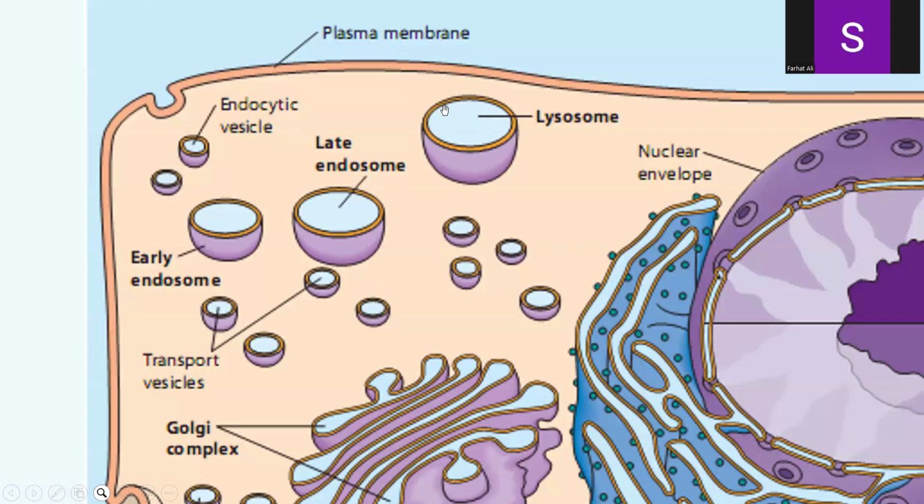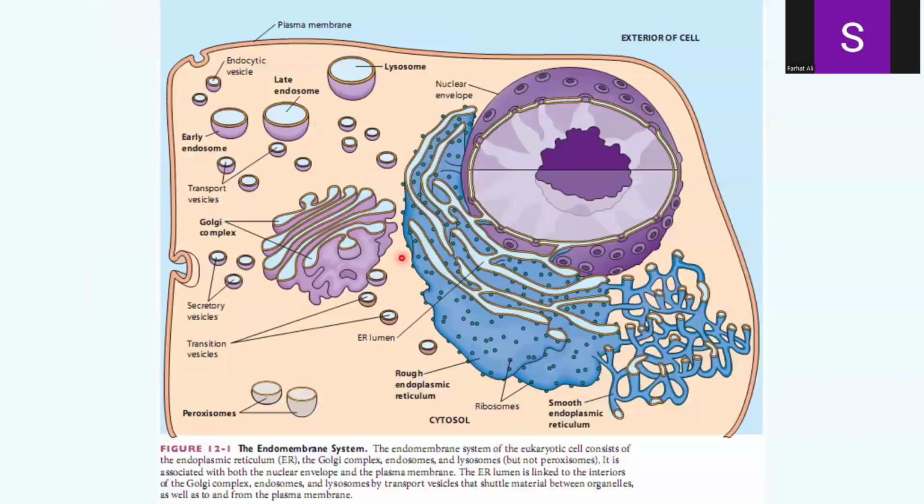So lysosomes contain acid hydrolases and they are important for the breakdown and degradation of different types of substances. Then there is another important organelle called the peroxisome. We will look at the peroxisome and its function later on.